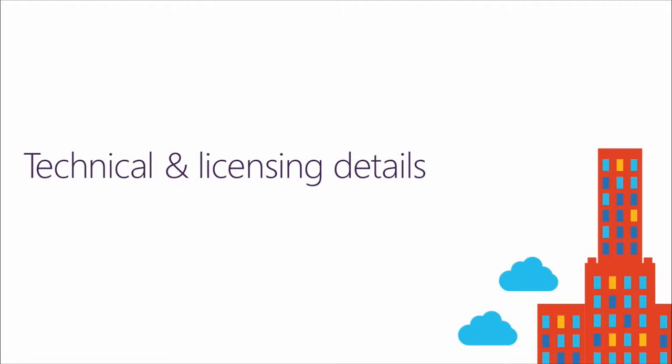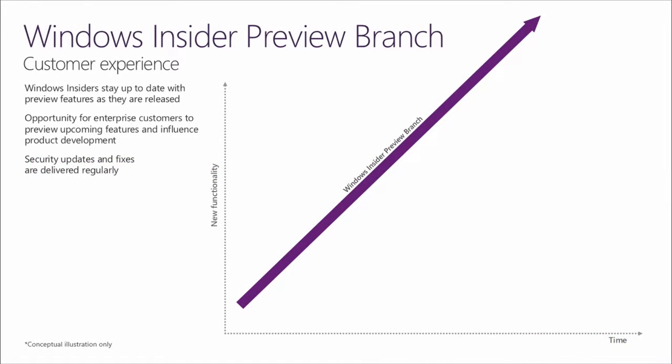So let's look at the technical and licensing details made available. In regards to the Insider Preview branch, and this is the example that we're going to use, if you're on the Insider Preview branch, you automatically get the updates for Windows 10. You then select if you're going to be on the fast or slow ring in terms of the amount of updates that you're going to get for your device.